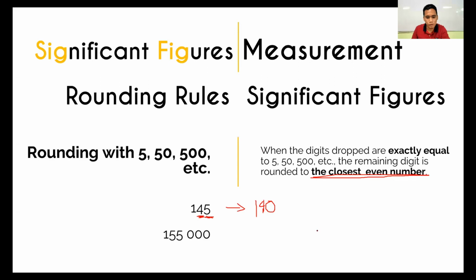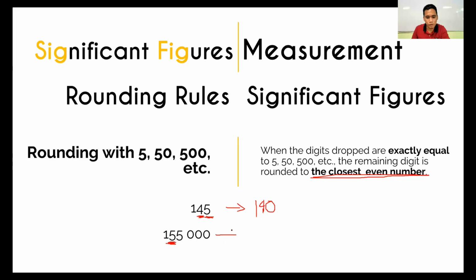Sir, how about if it is an odd number? For an odd number, for example, 155,000, round to its nearest 10,000s. As you can see, the 10,000s digit is an odd number.